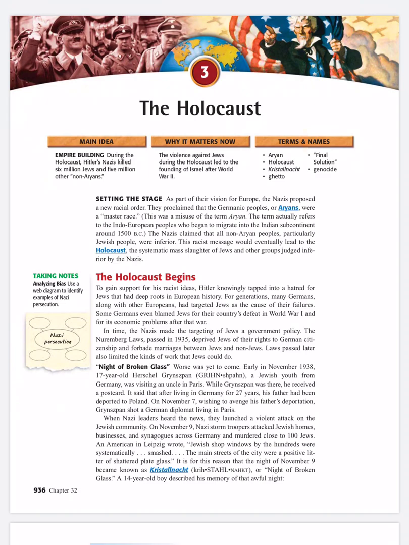In time, the Nazis made the targeting of Jews a government policy. The Nuremberg Laws, passed in 1935, deprived Jews of their rights to German citizenship and forbade marriages between Jews and non-Jews. Laws passed later also limited the kind of work that Jews could do.